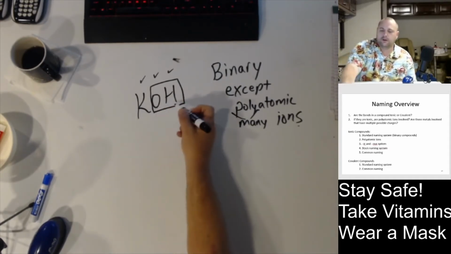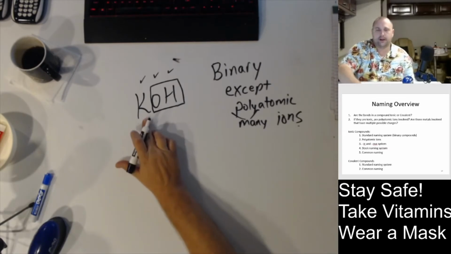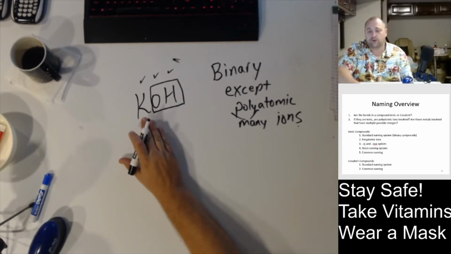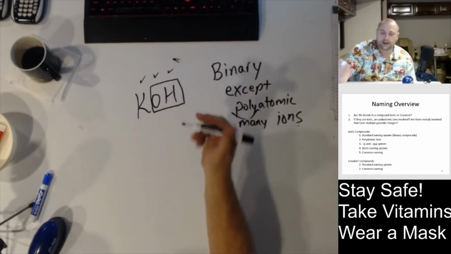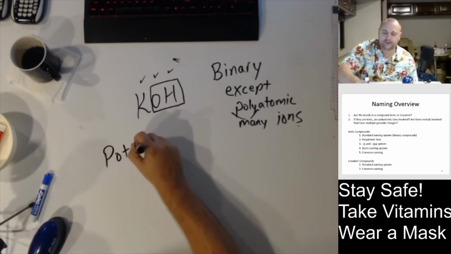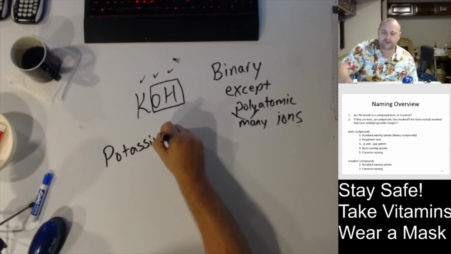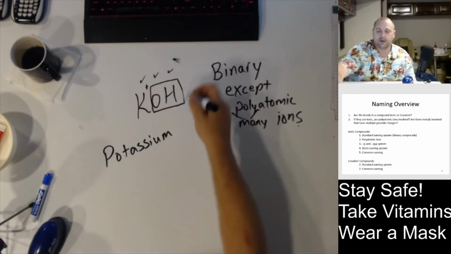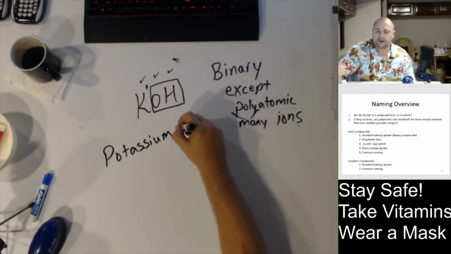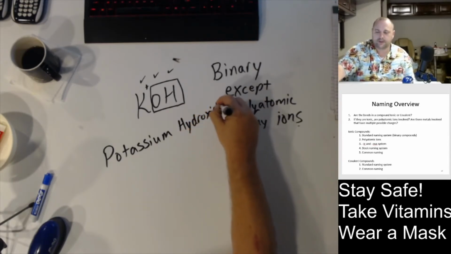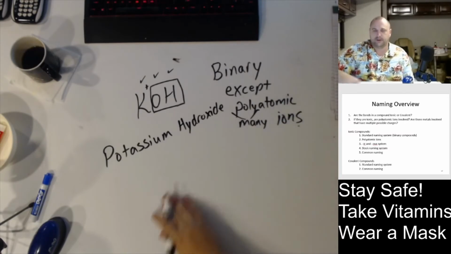Now, when I'm naming this, then I have to still look at my potassium and figure out which system to use. So potassium's in group 1. I can get by with just calling this potassium because it will always have the same charge. It's my positive. Now, my hydroxide is the next word. And I don't have to change the ending. It's already "ide," so that's easy enough.